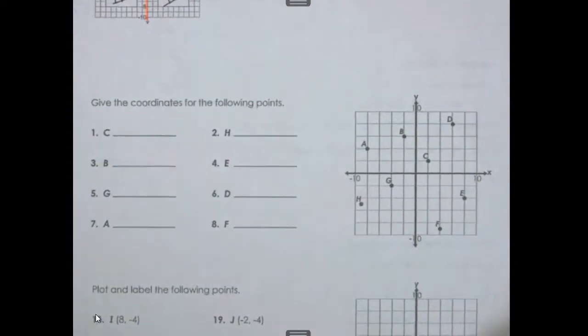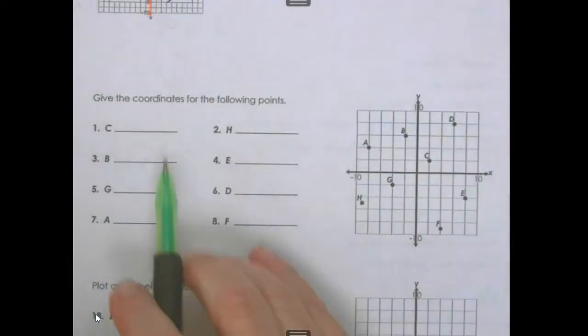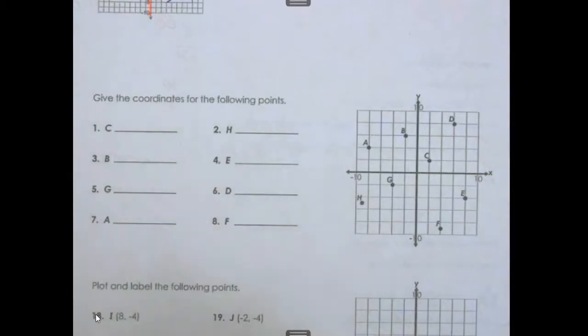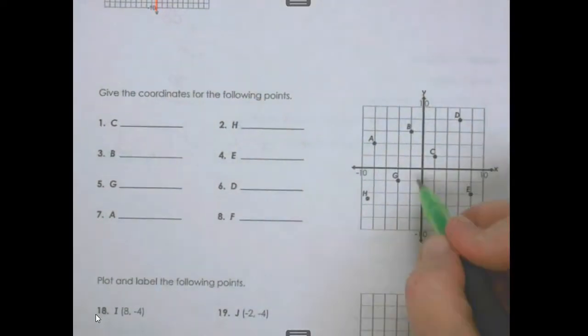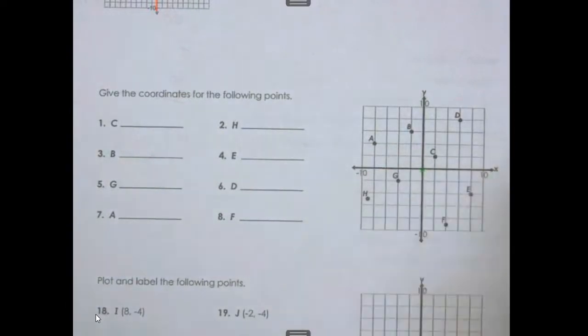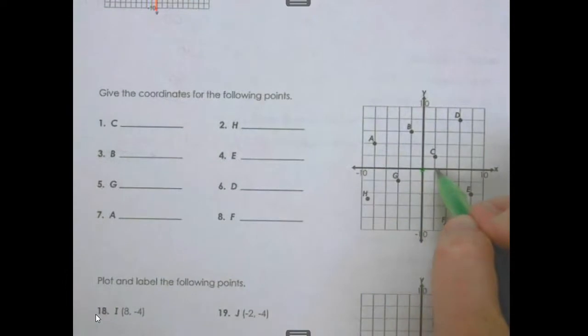So I need you to give me the coordinates for the following points. I want you to notice that there's no numbers on these lines, so you are going to have to count. C. You always start at the 0, 0, and you're going to go left or right. To get to C, I'm going to go over 1.